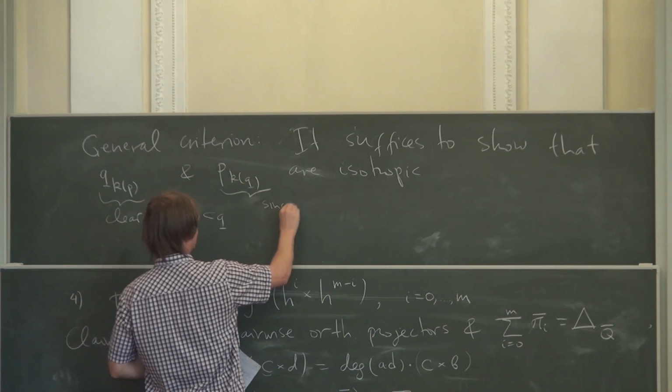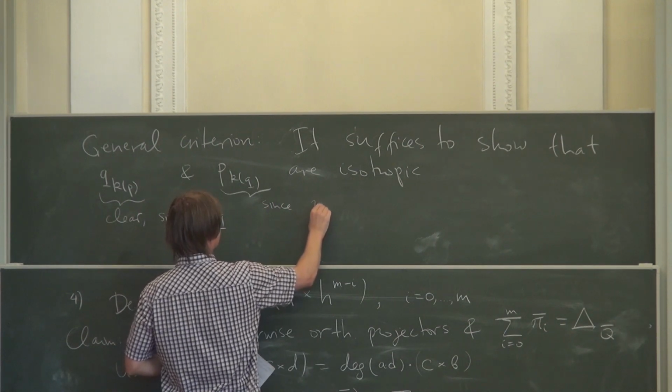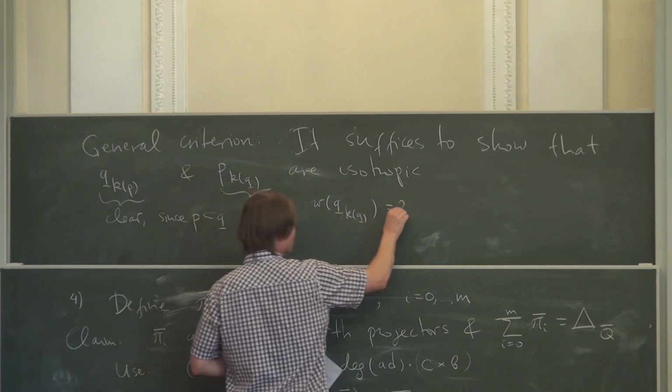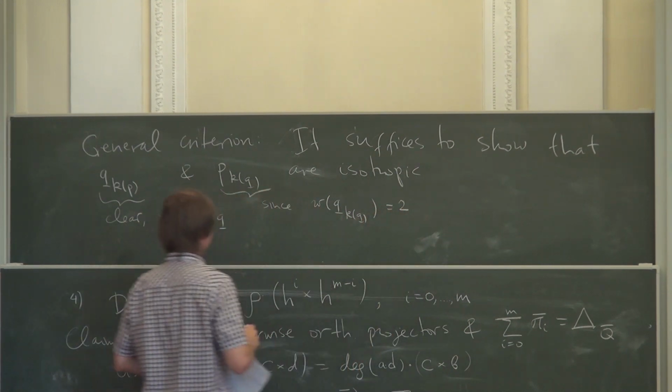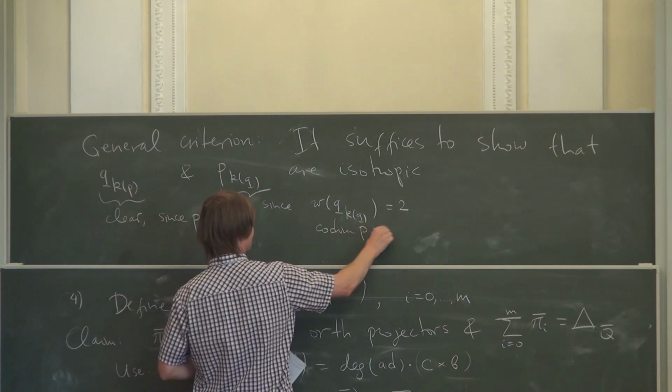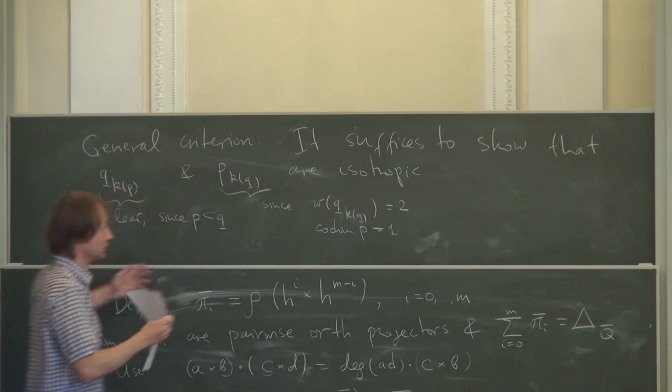Since the Witt index of Q over its function field is 2 by our assumptions, and the codimension of P is 1, there is a non-trivial intersection with this totally isotropic subspace.